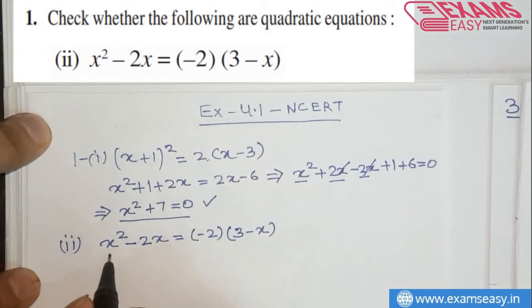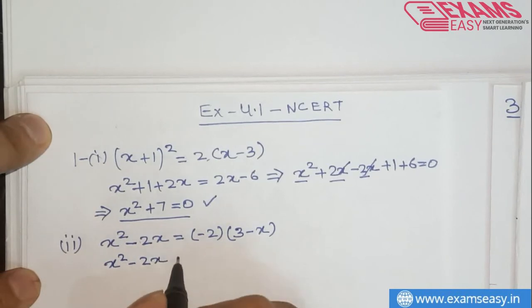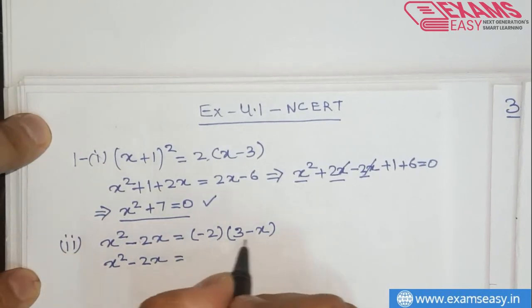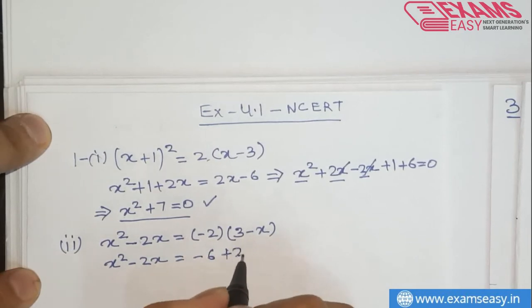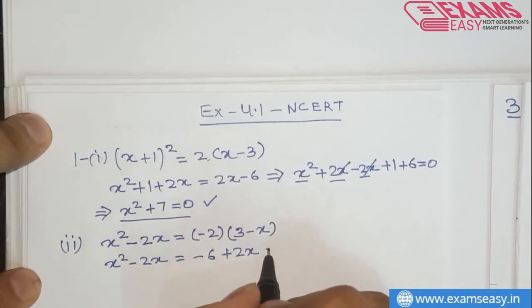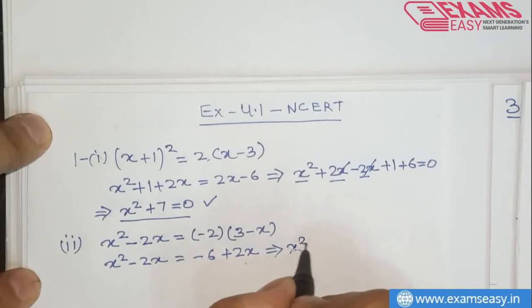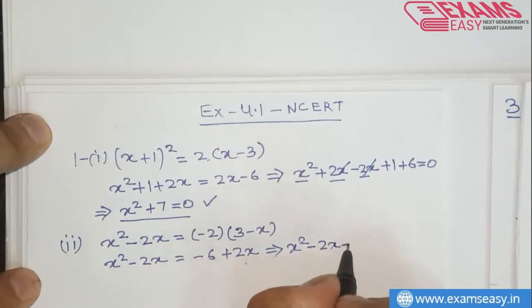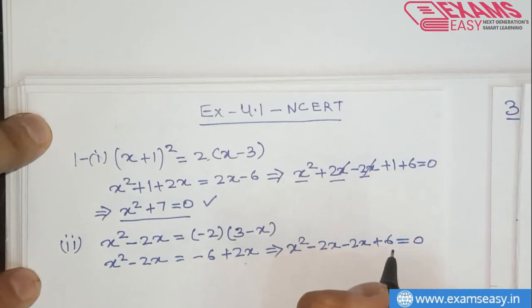So let us solve this. x square minus 2x is equal to, multiplying minus 2 with this expression, it will become minus 6 plus 2x. If you bring these two terms to the left hand side, then we get x square minus 2x minus 2x plus 6 is equal to 0.